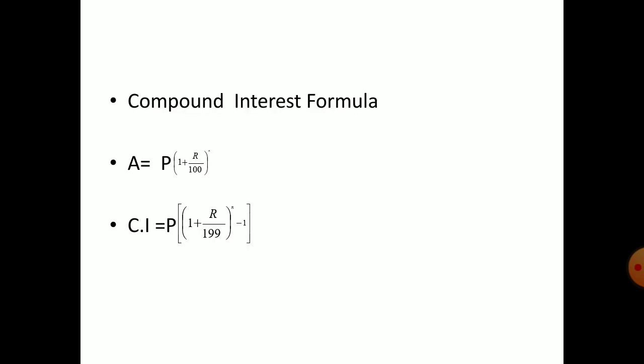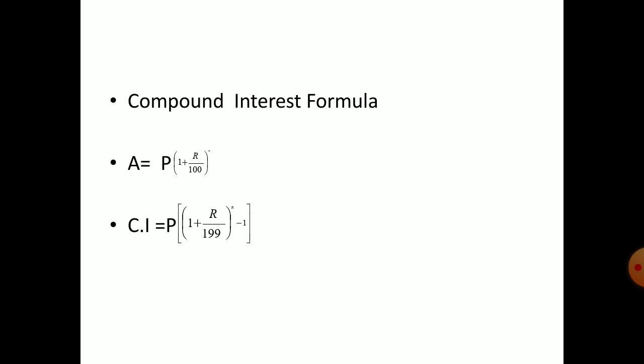Now next is the compound interest formula. Here the compound interest formula is given by, first of all, for amount it is P into 1 plus R by 100 to the power n. And compound interest is, what is compound interest? That is amount minus principal. So therefore the compound interest formula is P times 1 plus R by 100 to the power n minus 1.